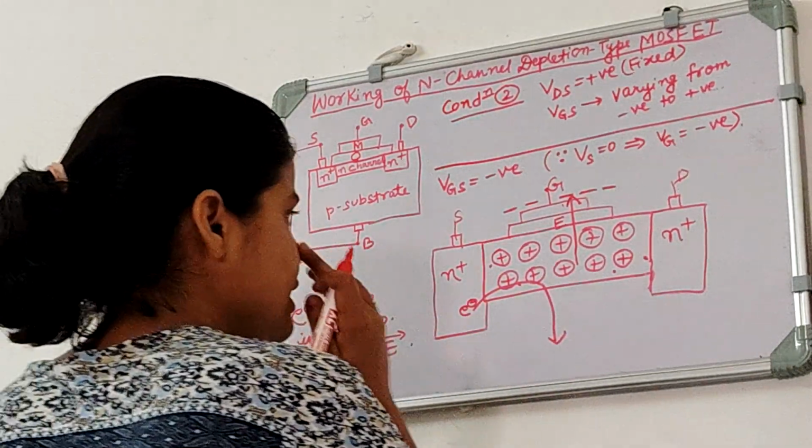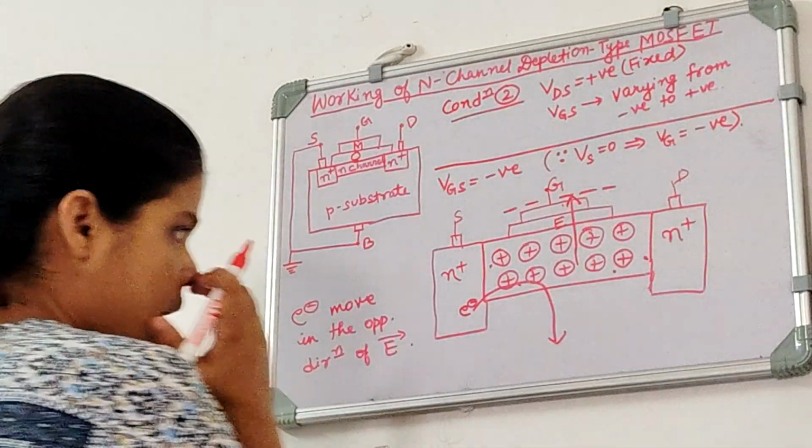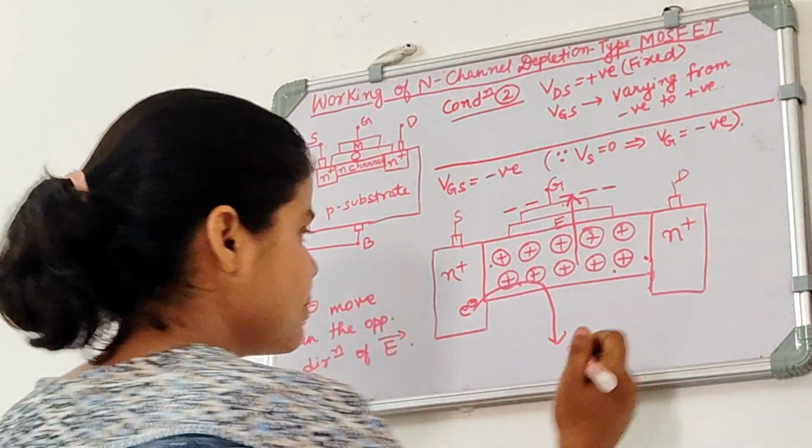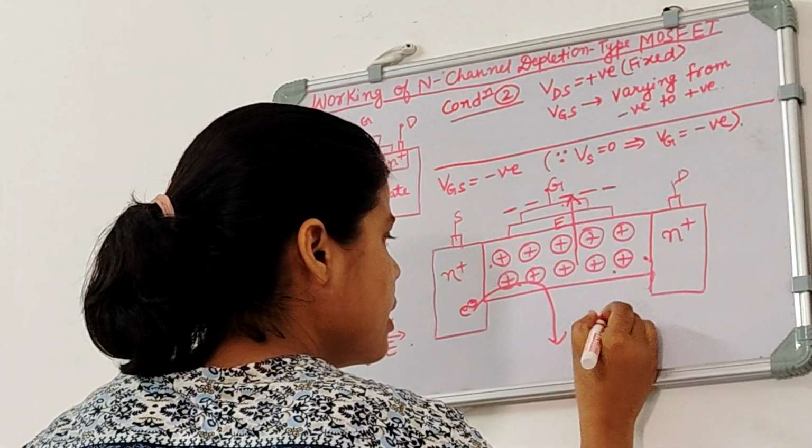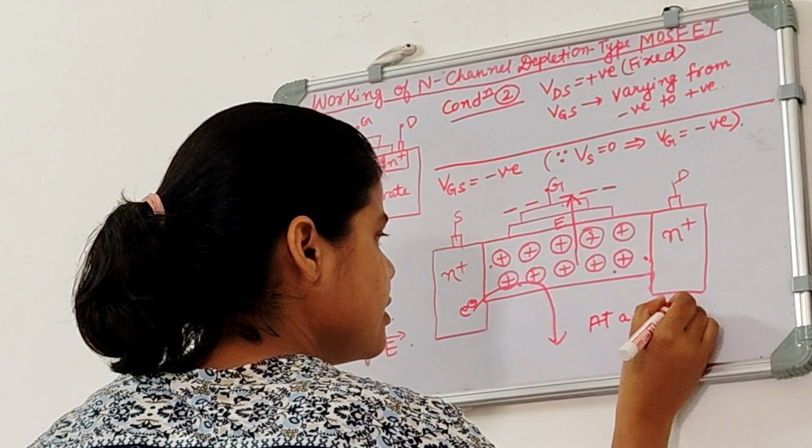So this electric field will become so strong at a certain VGS.